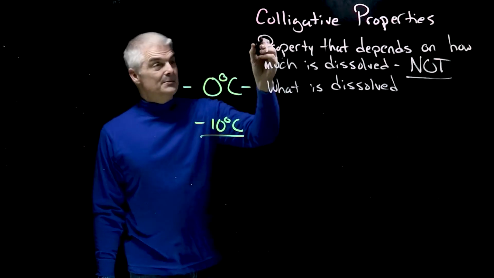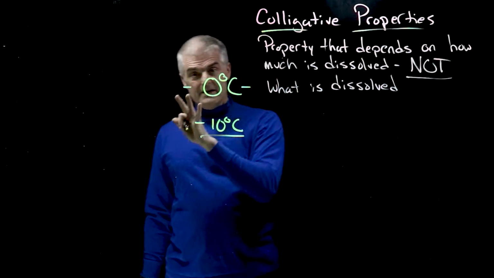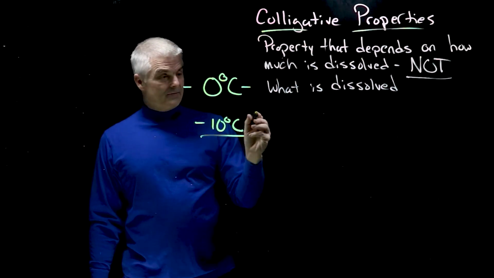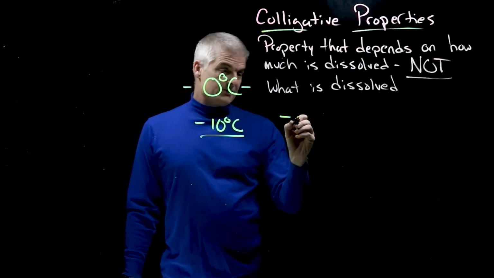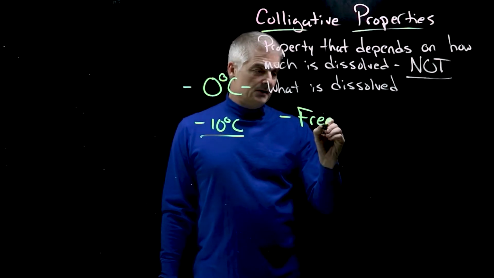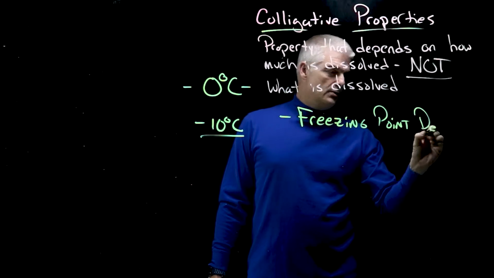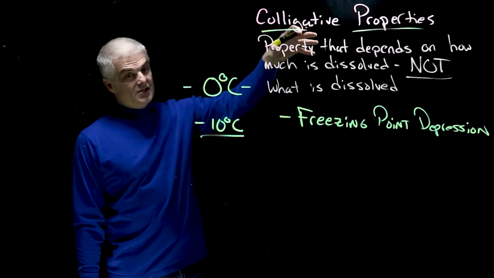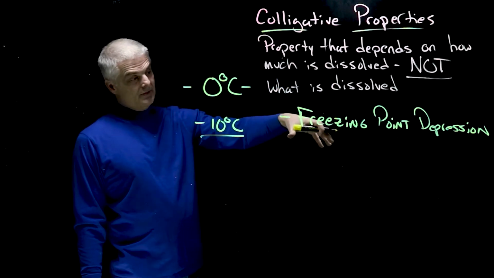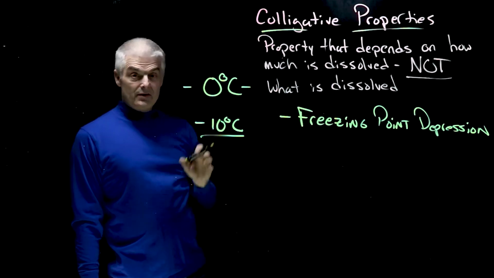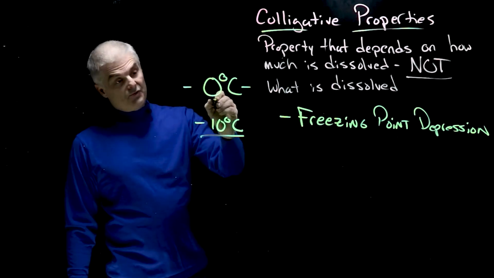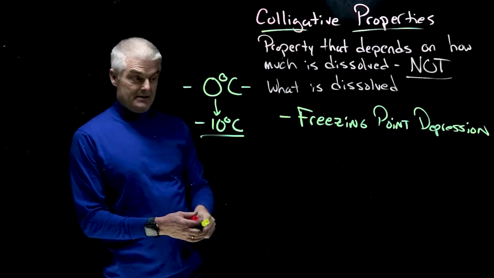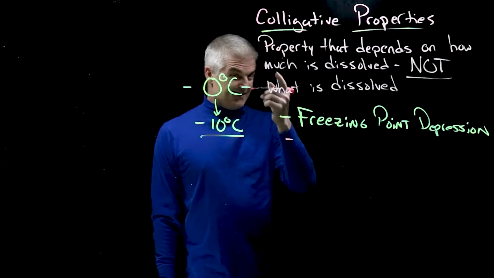Because, turns out, there are 3 key colligative properties. The first one, which relates to this, is called freezing point depression. So if you add a solute to a solvent, it lowers the freezing point, hence from 0 to minus 10. The second one is actually kind of opposite.